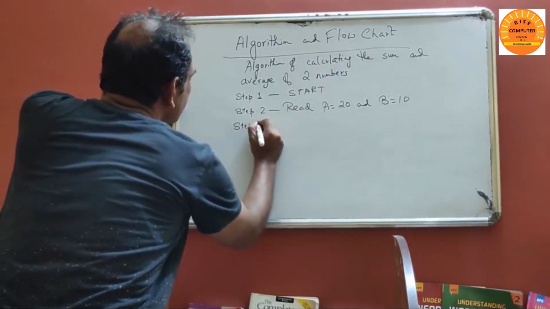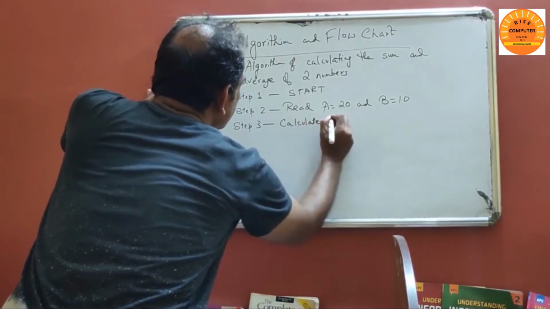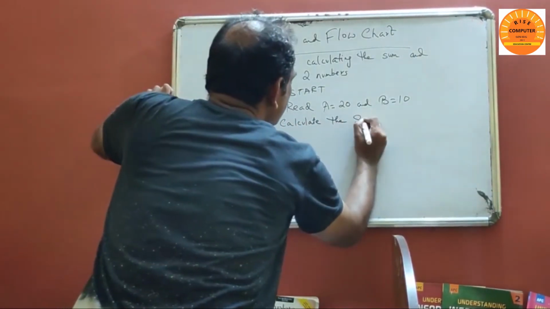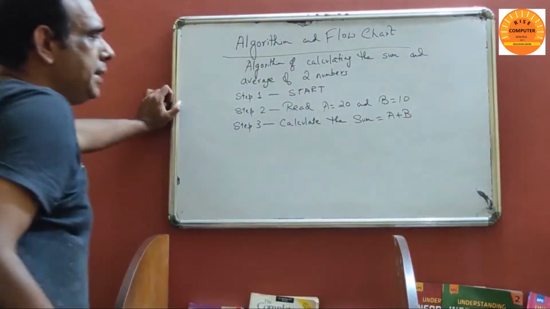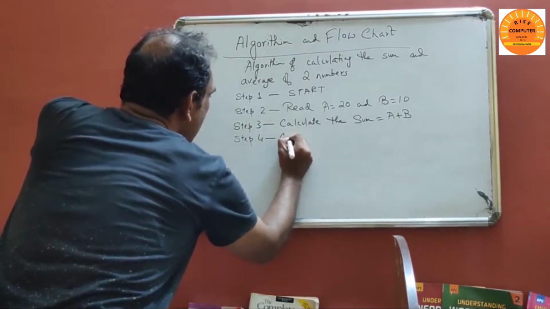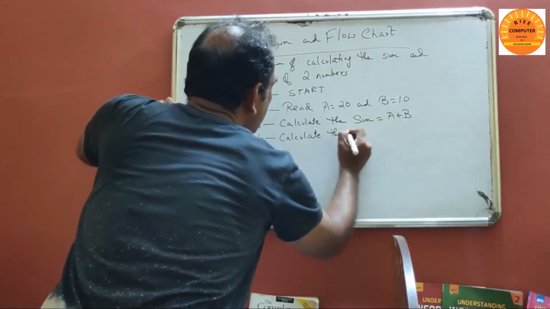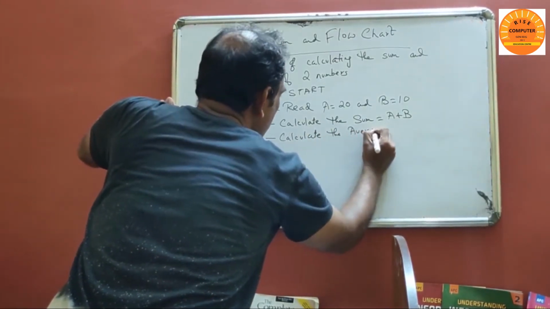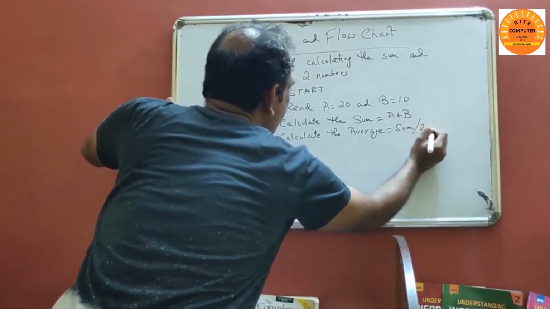Step 3, calculate the sum equal to A plus B. Step 4, calculate the average equal to sum divided by 2.